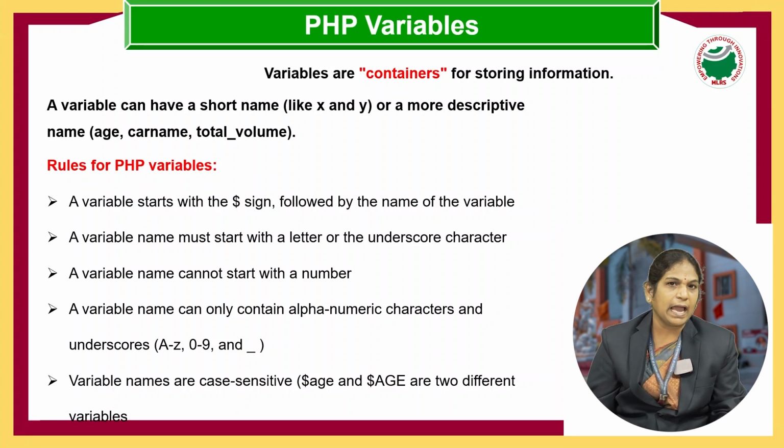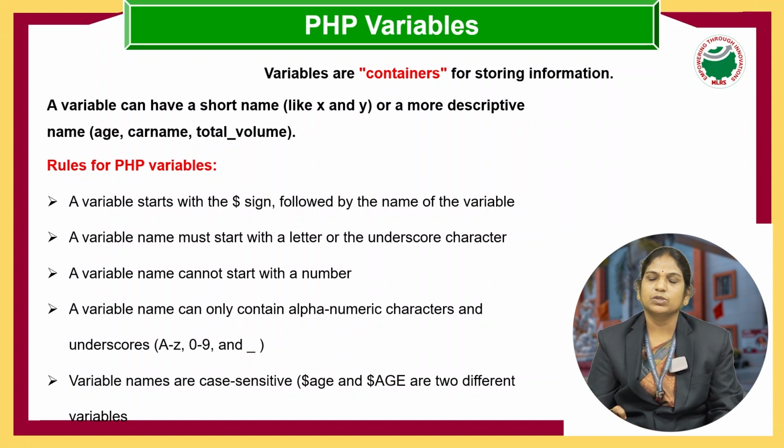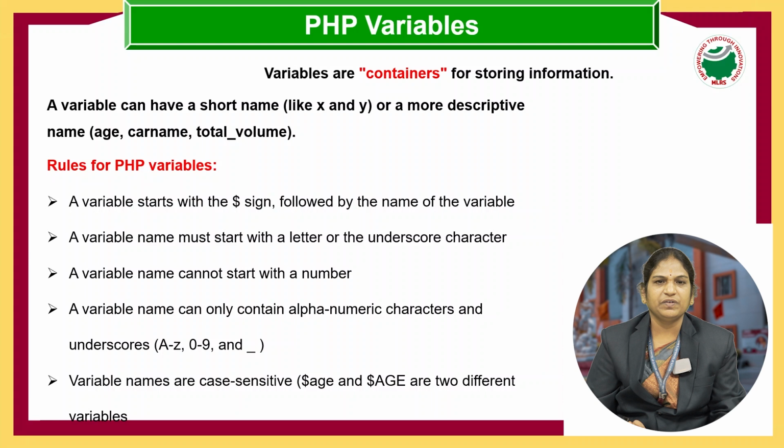A variable can have a single letter name like X, Y, Z or A, B, C, or it can be a word like total, age, car name, or name underscore another letter, like that we can give. But there are some rules which we need to follow for declaring variables in PHP. What are those rules?